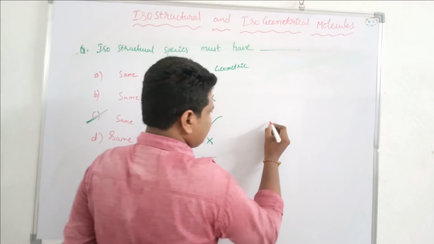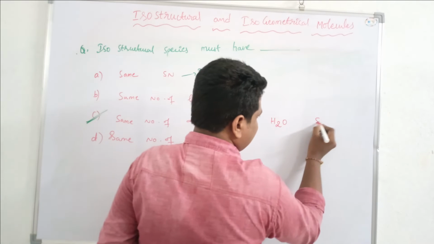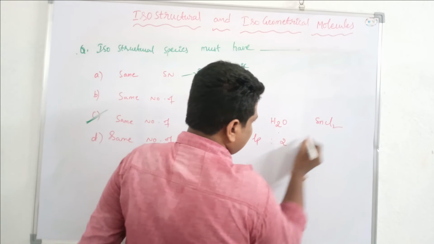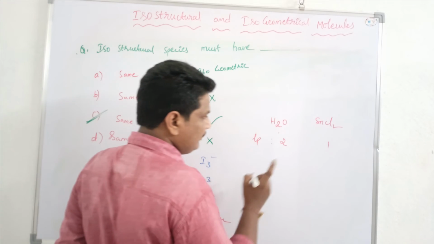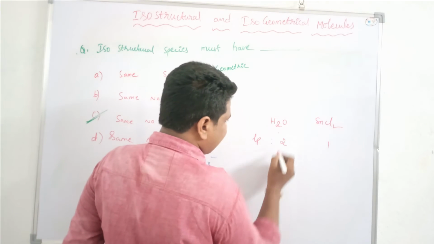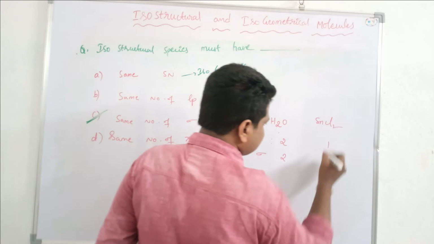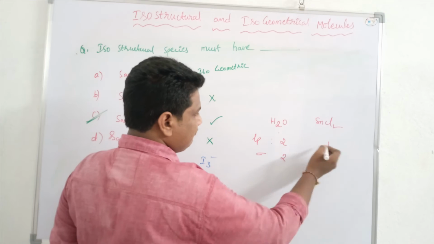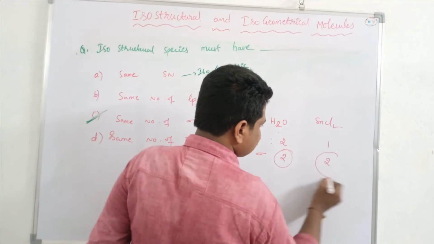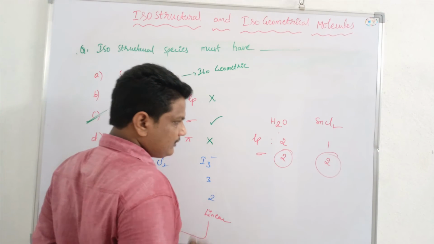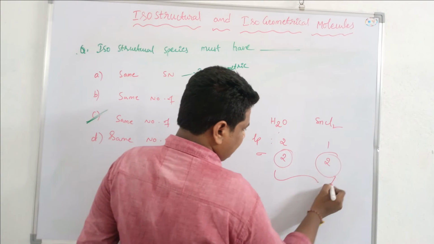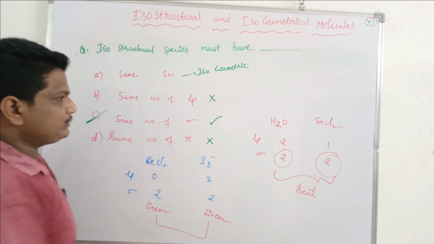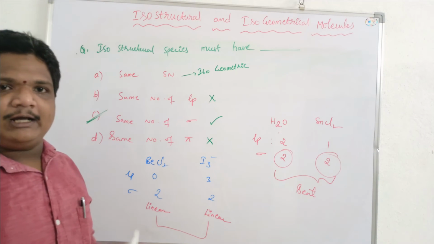Let us take H2O and SnCl2. In H2O we have 2 lone pairs, and in the case of SnCl2 we have only 1 lone pair. H2O has 2 sigma bonds, and SnCl2 is also having 2 sigma bonds. So here also we cannot observe the same number of lone pairs, but we have the same number of sigma bonds. Both are having bent shape, so these two are isostructural species.